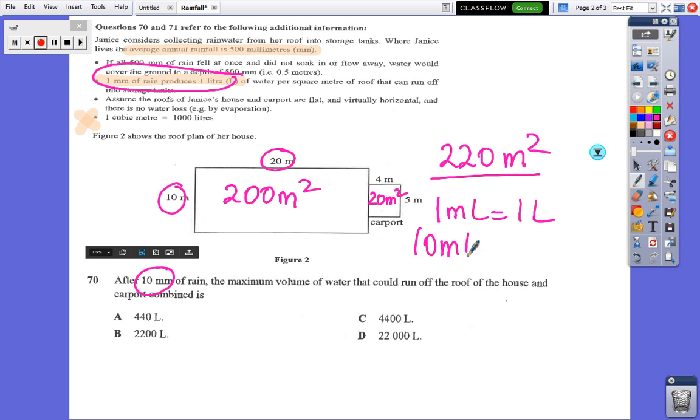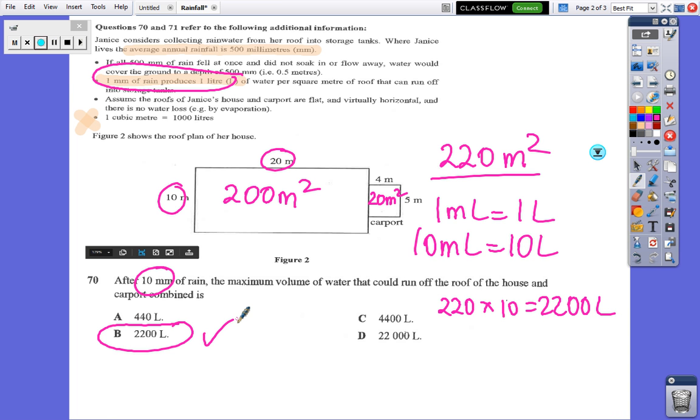So 10 mils equals 10 litres, and the other information that we do need is that each metre squared will produce a litre. So 220 times 10 equals 2,200 litres, and that answer is B. So hopefully you got that one right.